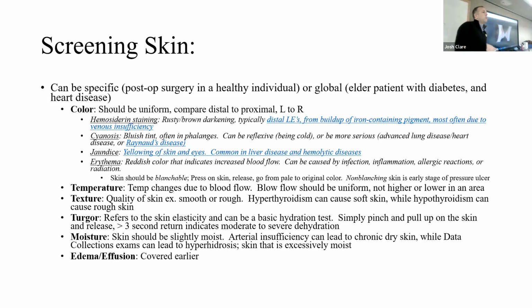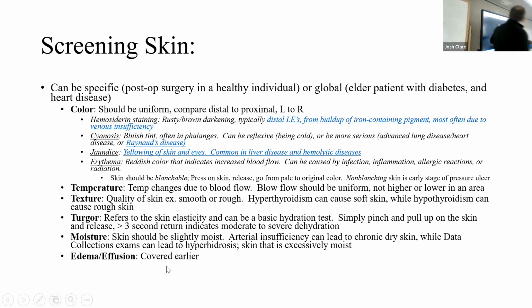So if the veins are a problem, what's happening to the blood? It's pooling. If it's pooling, the iron-containing pigment is sitting next to the skin and can stain the skin. That's what's happening. All right. There's a few ways we're going to look at the difference between venous and arterial insufficiency in a little while. But venous insufficiency means the veins don't work well.